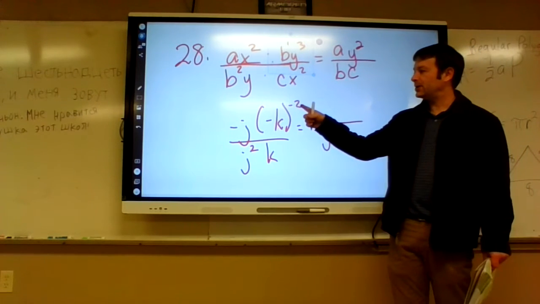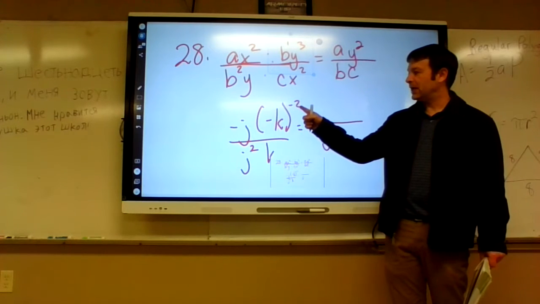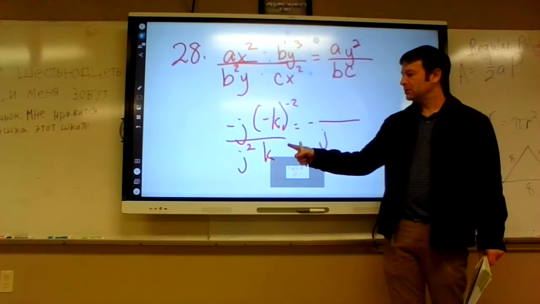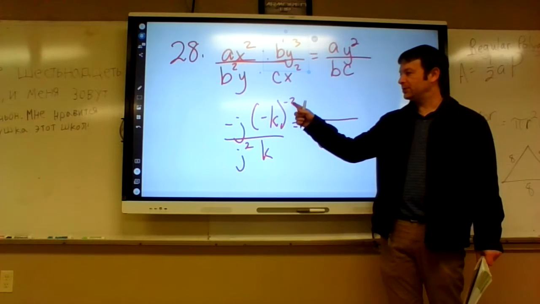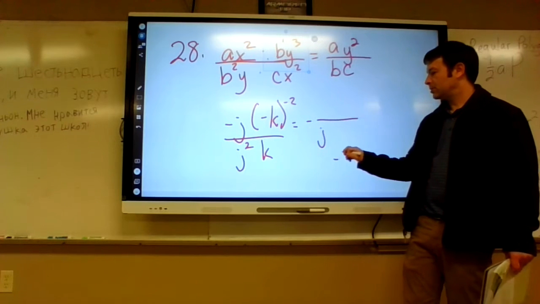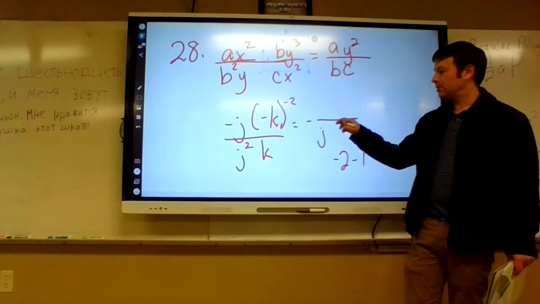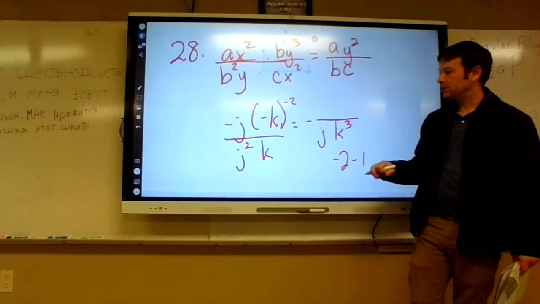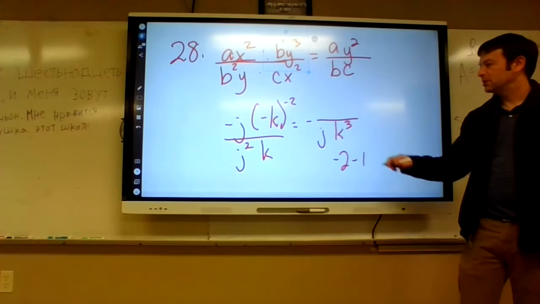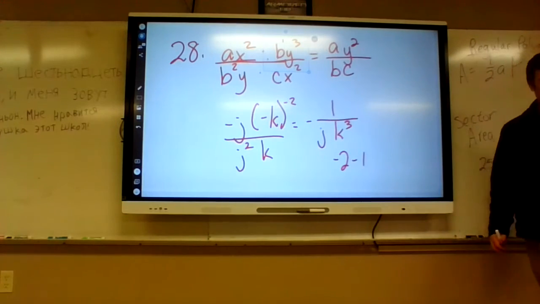How many K's do I have? Negative 2 minus 1 is negative 3. So K to the negative 3, or K cubed in the denominator. Nothing's left on top, so there's a 1 on top.